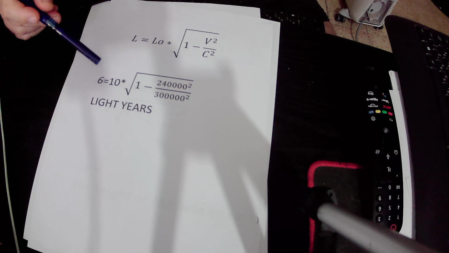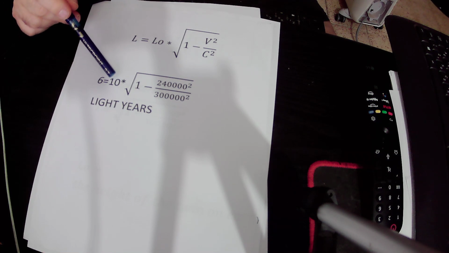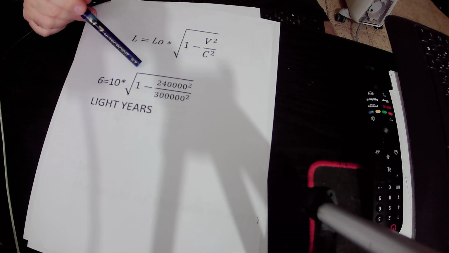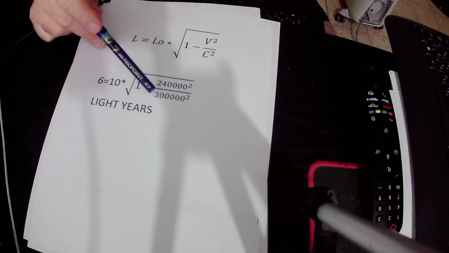And in our example that I gave in the previous lecture, the distance L naught from Earth to the star Epsilon as measured from Earth is 10 light years, and we multiply it by the root of 1 minus the speed of the spaceship squared divided by the speed of light squared.